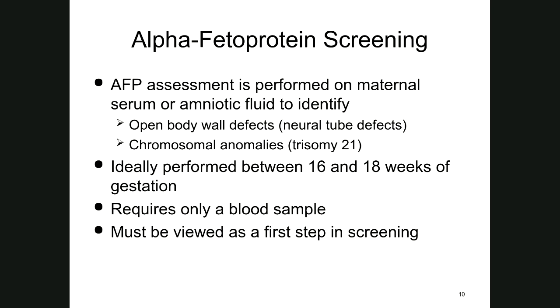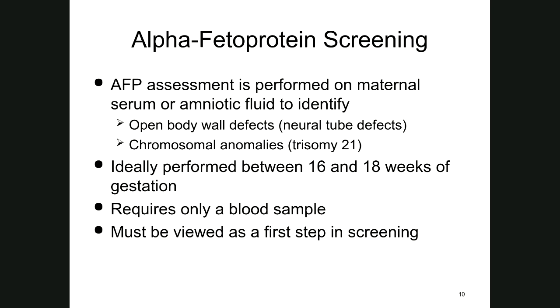If you understand where alpha-fetoprotein comes from, it will help you to understand what might cause those levels to be abnormal. Fetuses that have chromosomal abnormalities tend to produce an abnormal type of alpha-fetoprotein. That alpha-fetoprotein is a little bit different, so it doesn't get measured in the same way.